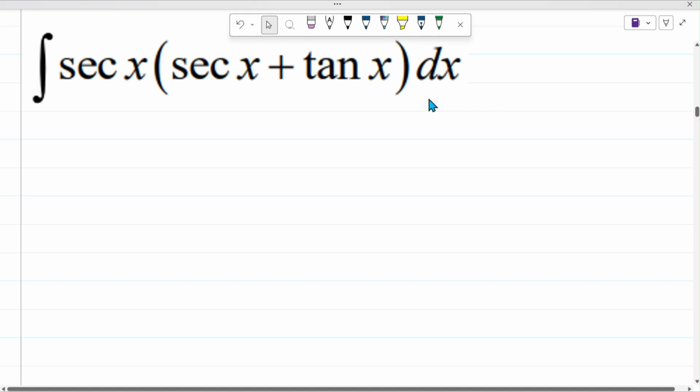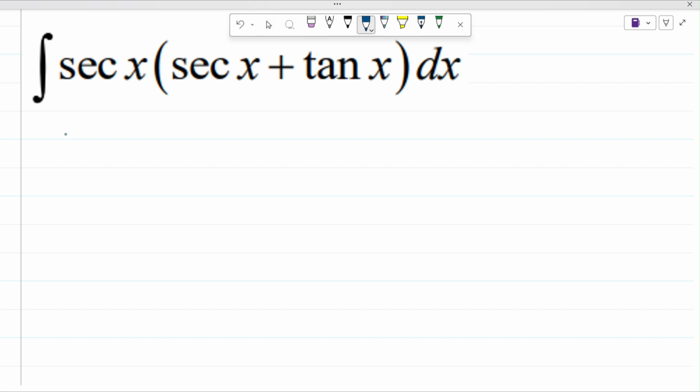So we need to rewrite this in a simple way for us to be able to see what was differentiated. Because the way it is, no way. I've never seen something like that. So let's rewrite this in a nice way, simplifying it, to be able to see what was differentiated.